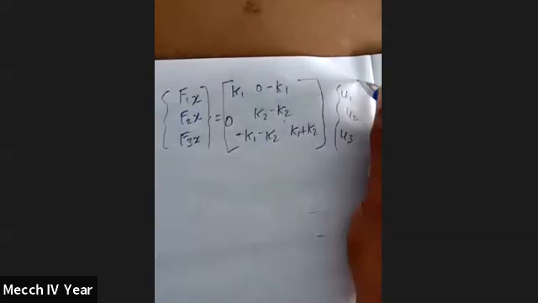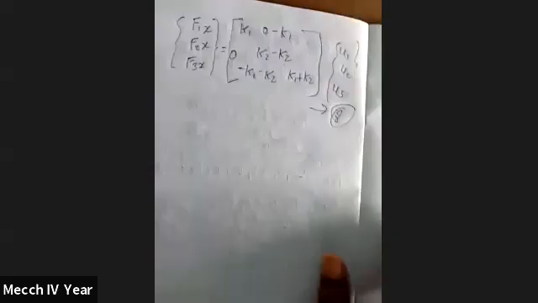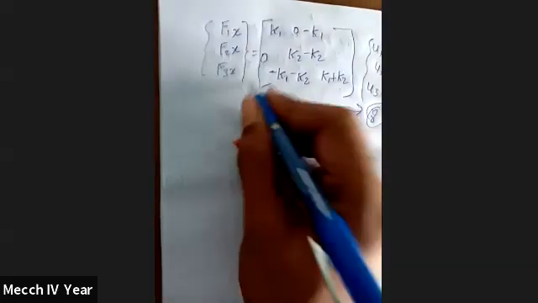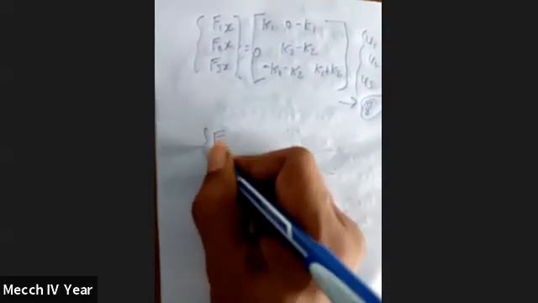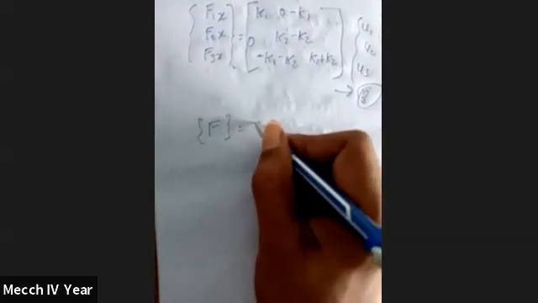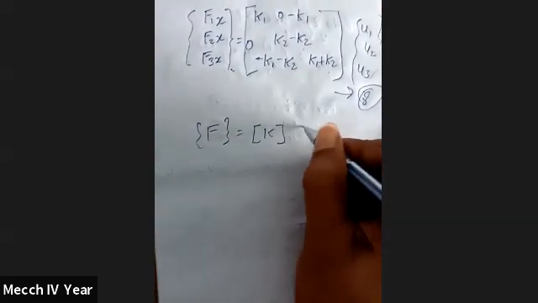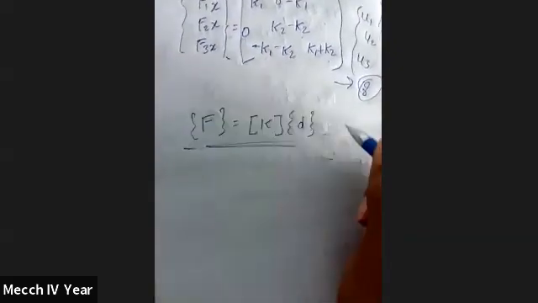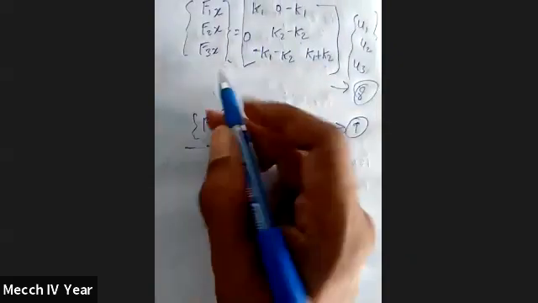This is the arrangement, now written as a single matrix form: F is equal to K D. This is the main thing. This is equation number 9, F equals K D.